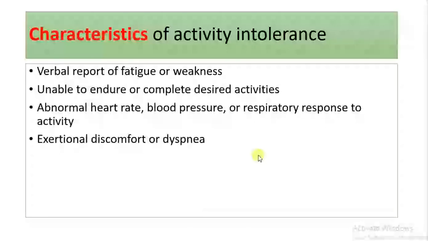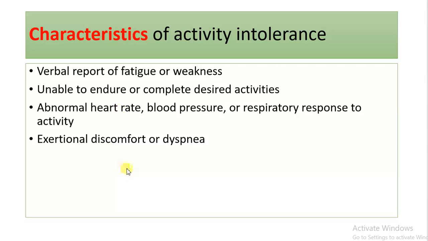Another trait is abnormal heart rate, blood pressure, or respiratory response to activity. Someone wants to do the activities, but the heart rate increases, blood pressure rises, and the normal respiratory pattern is compromised, with an irregular respiratory rate.